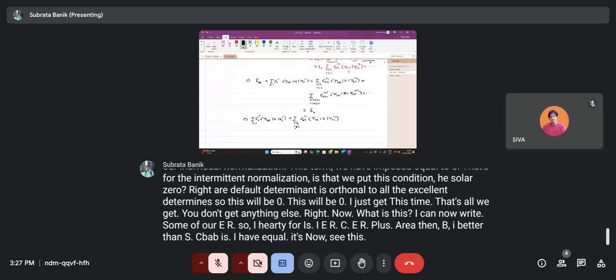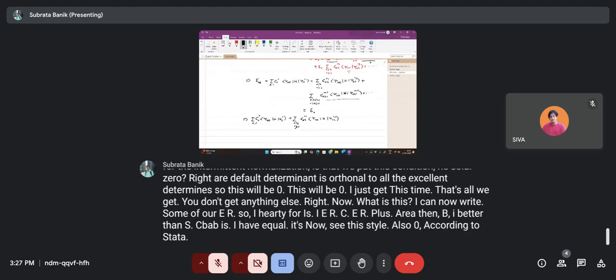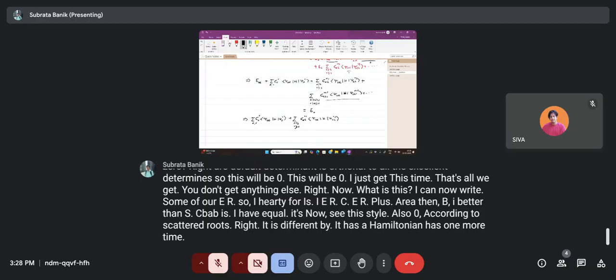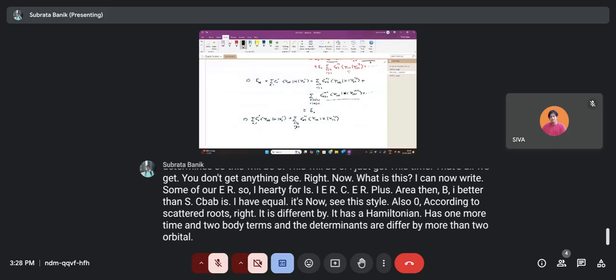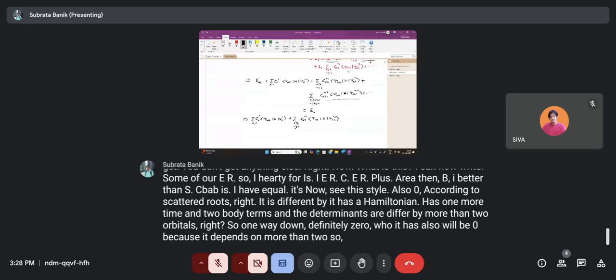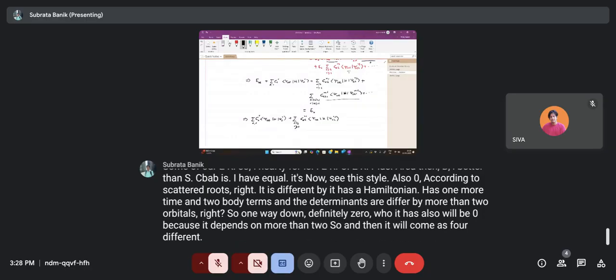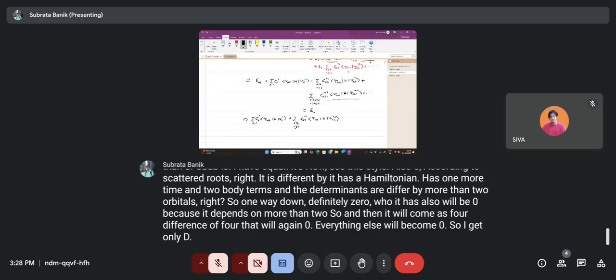Now see, this term is also 0 according to Slater rules, right? The Hamiltonian has one-body terms and two-body terms, and the determinants differ by more than two orbitals. So the one-body term definitely is 0. Two-body terms also will be 0 because they differ by more than 2. Everything else will become 0. So I get only this equal to E0 minus E Hartree-Fock. That's all that survives.